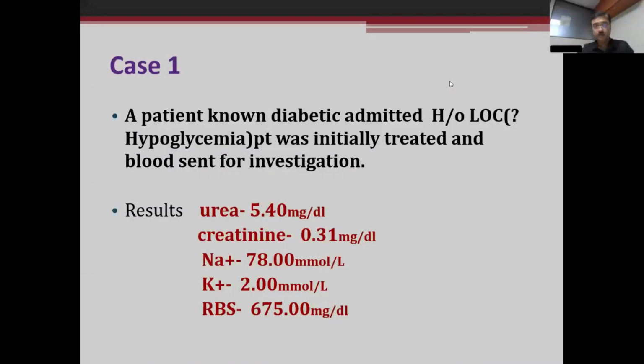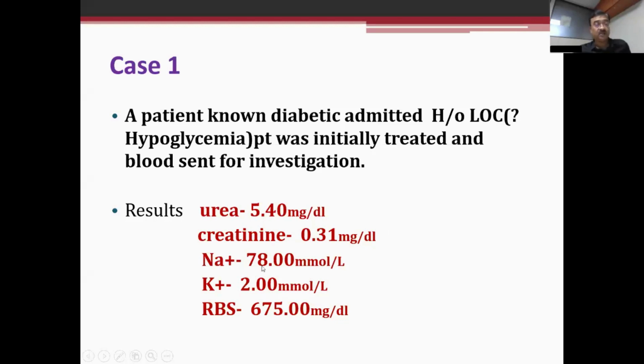Now, the first case: a known diabetic patient admitted with a history of loss of consciousness, query hypoglycemia. The patient was initially treated and blood sent for investigation. And when we got the investigation results, we were really stunned. Urea is 5.4, creatinine 0.31, sodium 78 only.